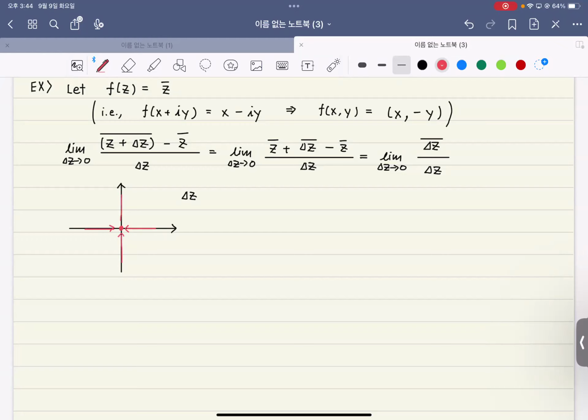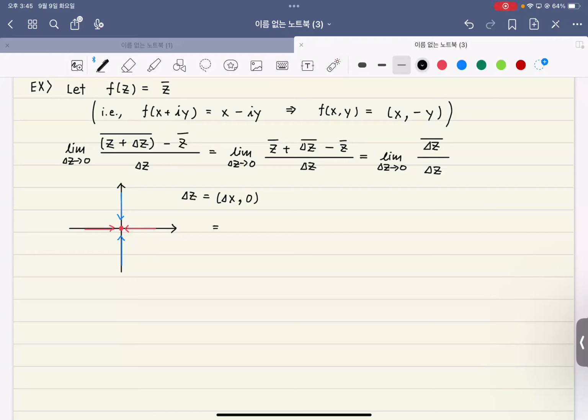And route number two is the one following the imaginary axis. Okay, so for the horizontal route, I will just say delta z is (delta x, 0). Suppose that I am following this route to the origin.